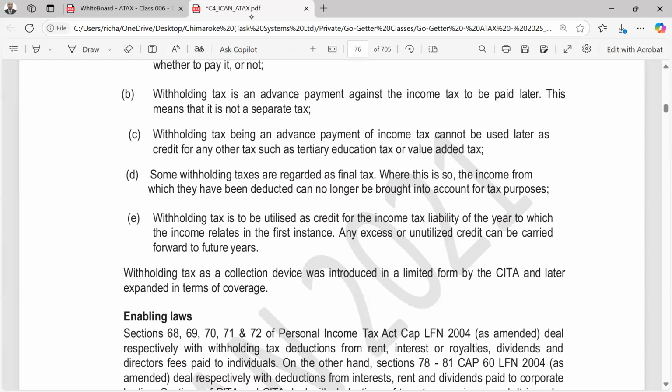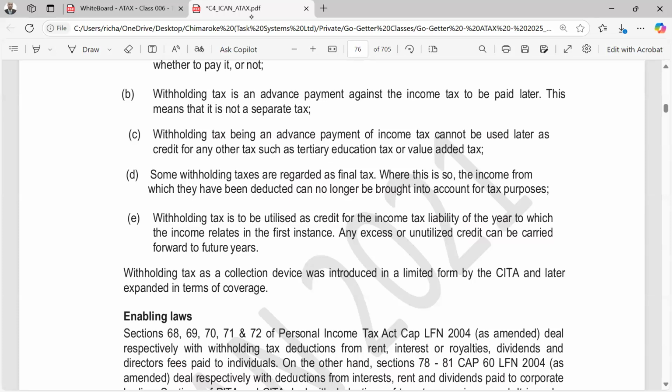Now, it's possible that you may have paid more withholding tax than the total tax itself that you're supposed to pay. Let's say your withholding tax happens to be 200,000, and your tax that you're supposed to pay happens to be 150,000. What it means is that you have paid 50,000 more in withholding tax than the tax itself.